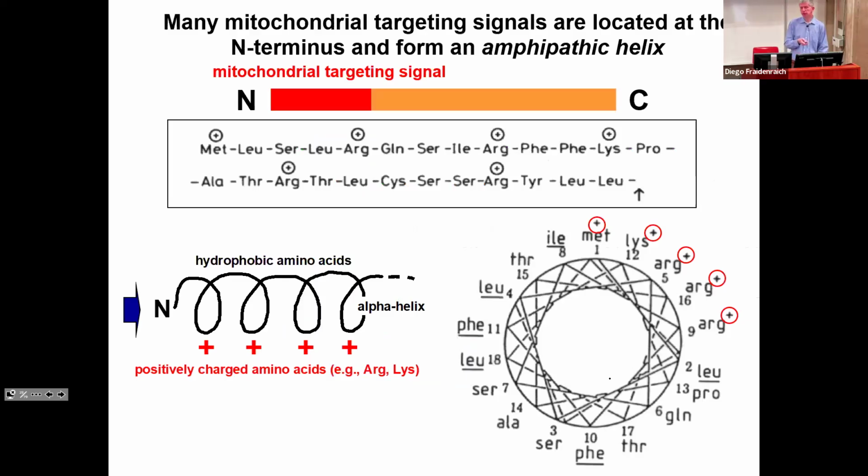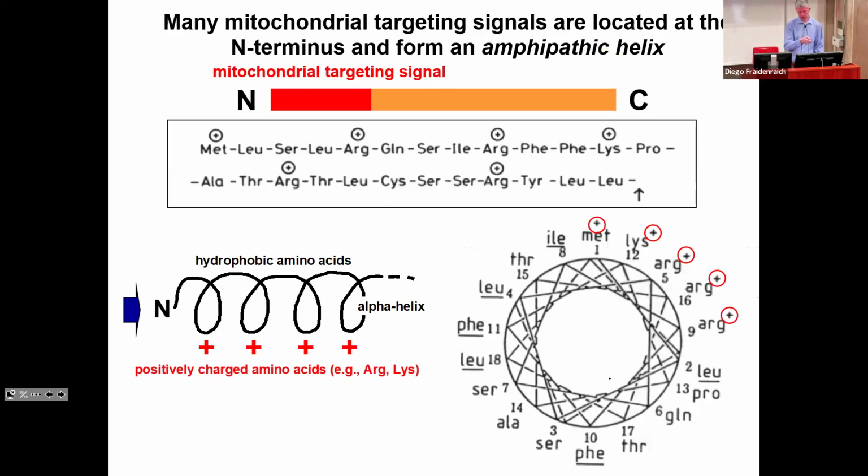So the default pathway is when proteins are ending up in the matrix. To do so, the proteins contain a specific signal at the beginning of the protein. So the N-terminal part is the beginning, the C-terminus would be the end of the protein. That's how it's translated, produced by the ribosome.